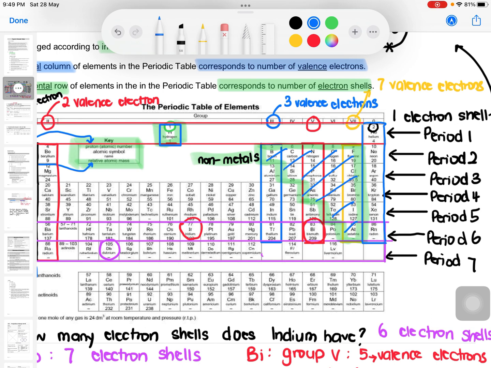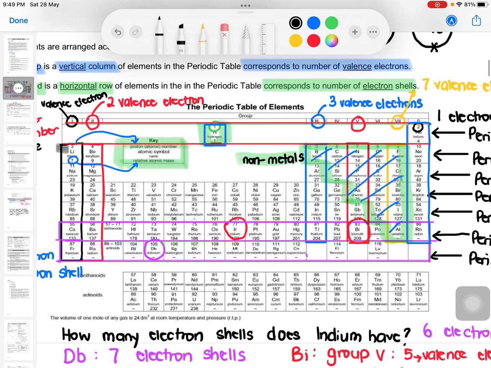So on the left of the periodic table, these are metals. Group 1 and group 2 are metals. The ones highlighted in green are non-metals, so metals start from group 3, from aluminium downwards. So these are metals.